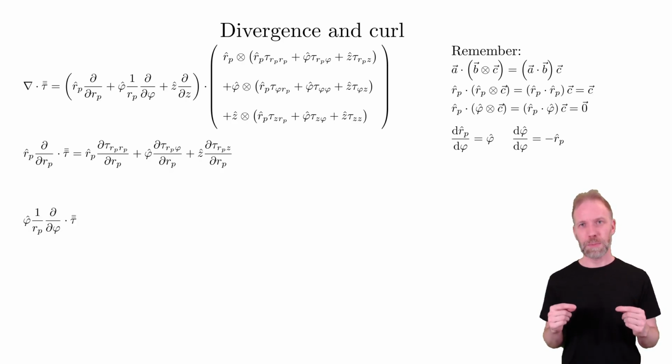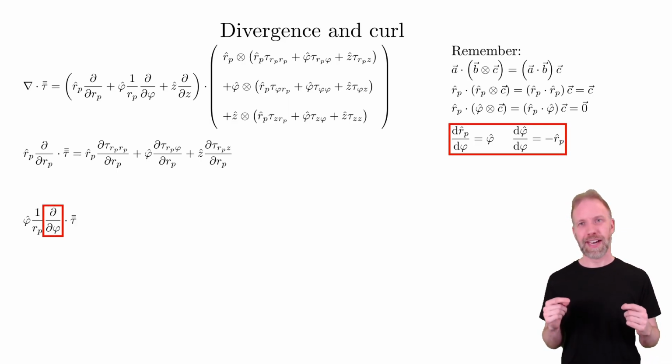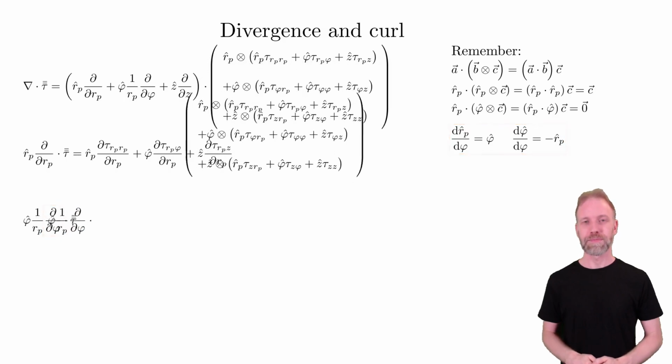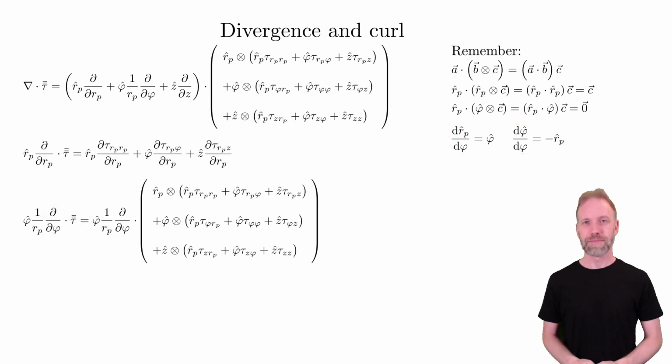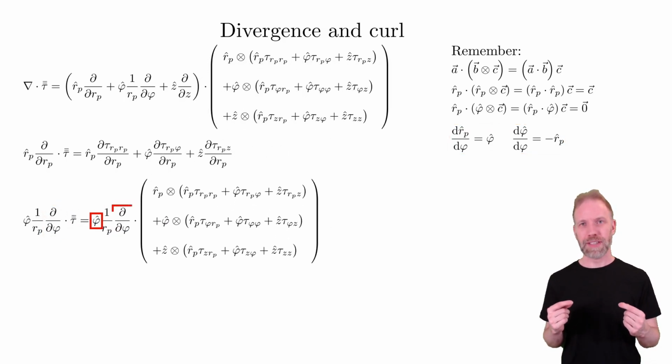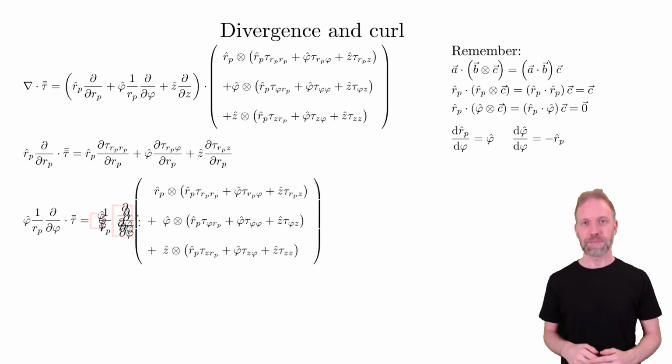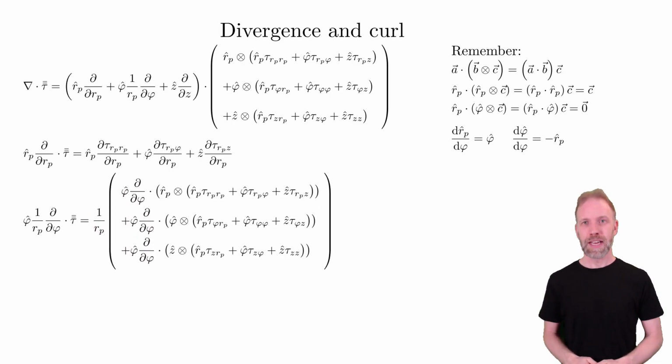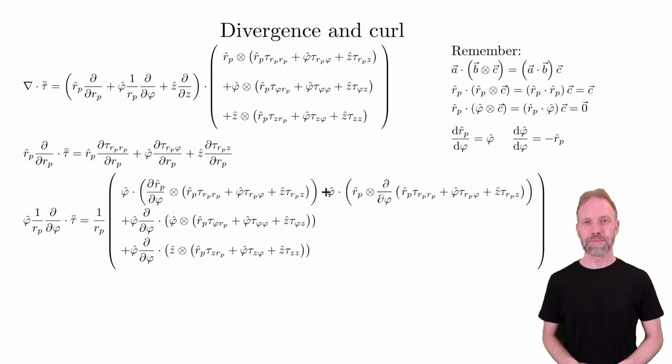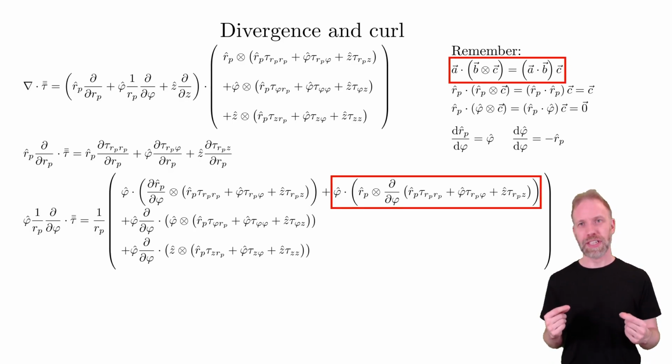Let's continue with a complicated expression, which we get from phi hat 1 over rp times d phi dot the tensor. This one is complicated due to the phi dependence of our unit vectors. Start by distributing phi hat and the derivative. Then apply the product rule. We can use the associative property for the dyadic products here.